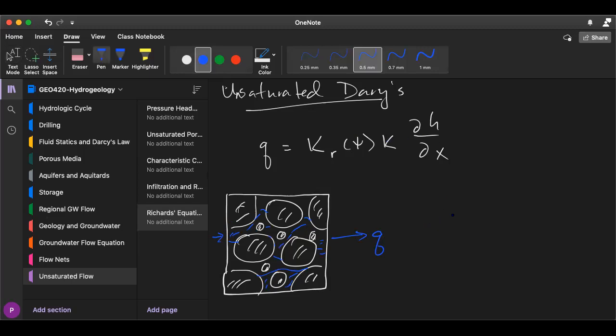Okay, so what is the relationship between velocity and the Darcy flux in a saturated porous media? What's the relationship between the fluid velocity V and Q?